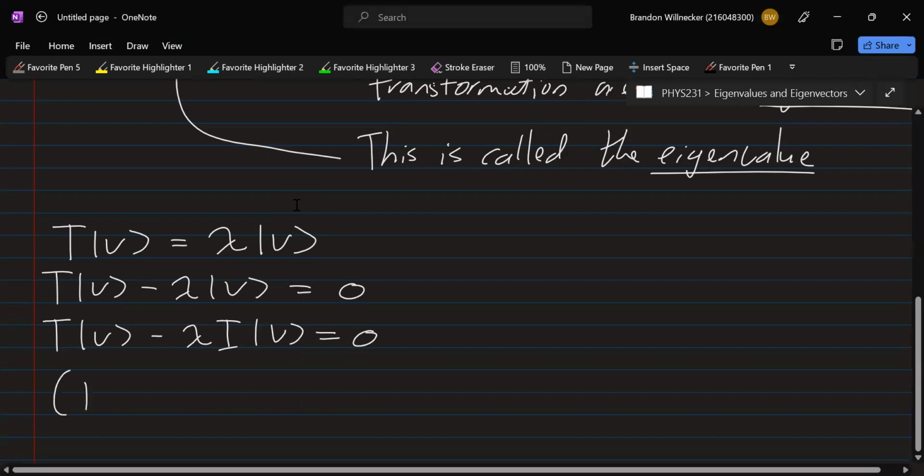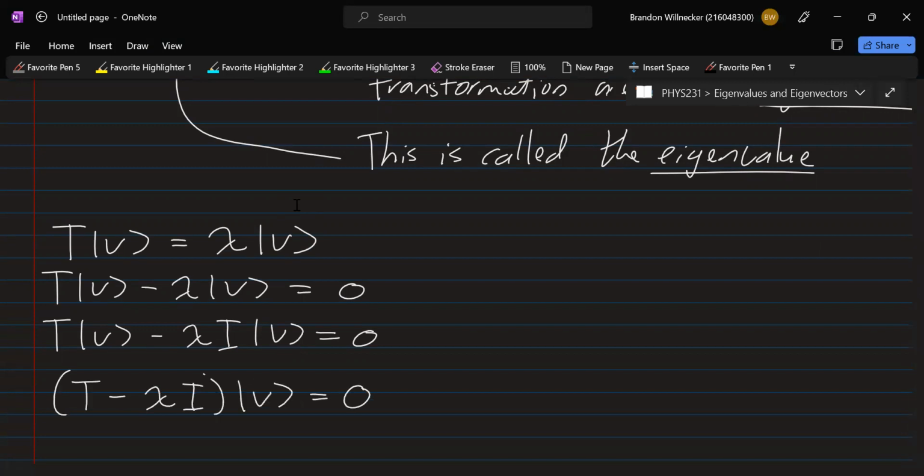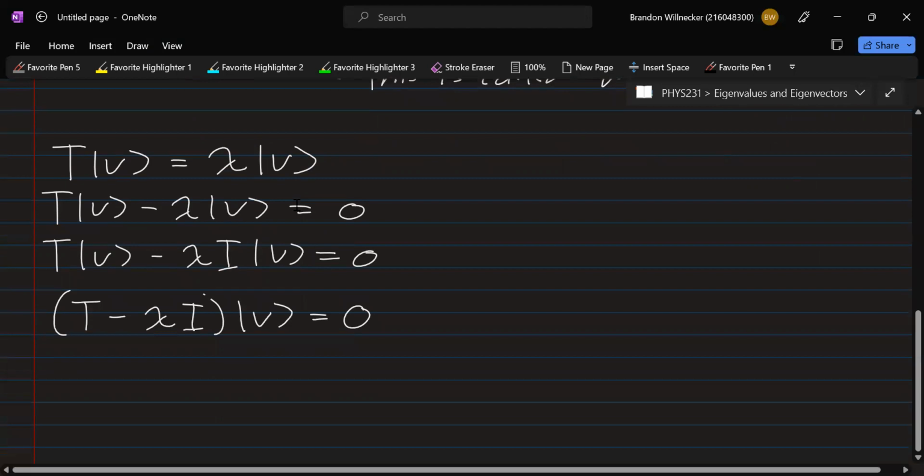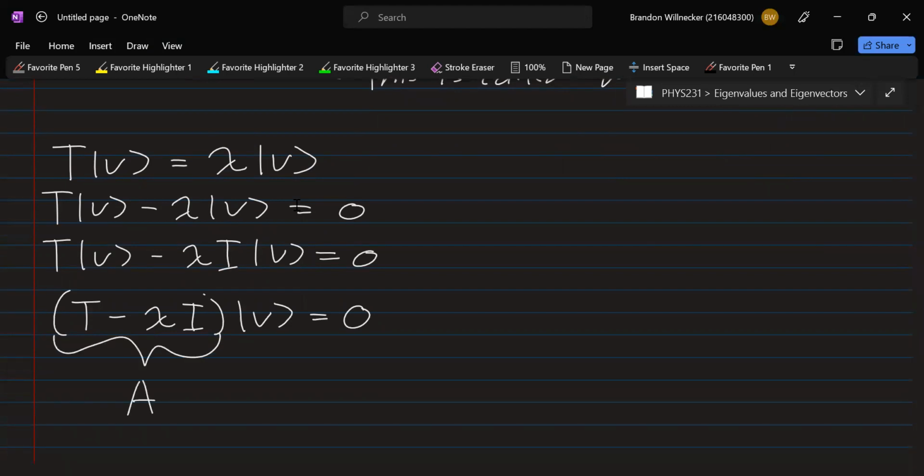So we end up with T minus lambda I times v is equal to 0. Okay, so we have this matrix in front here. Let's call this A. So we have A times v is 0.